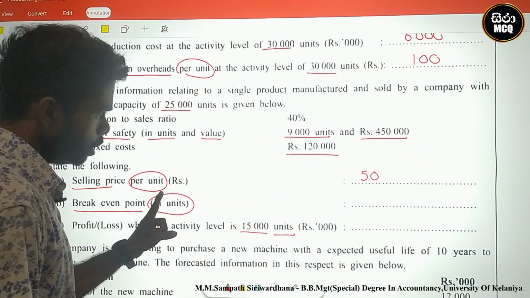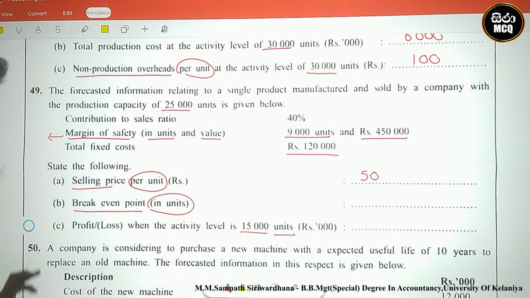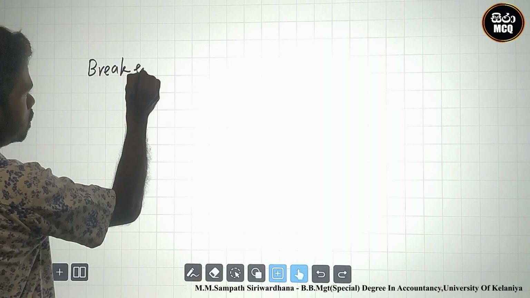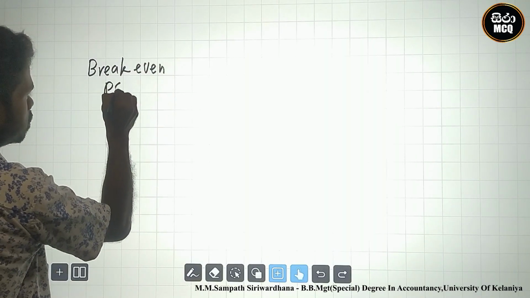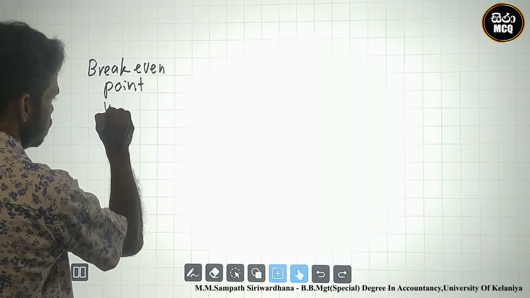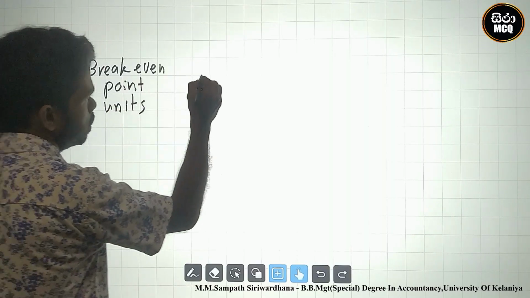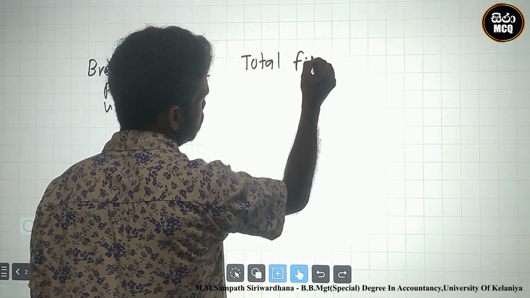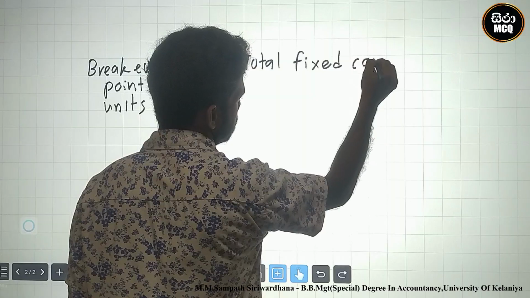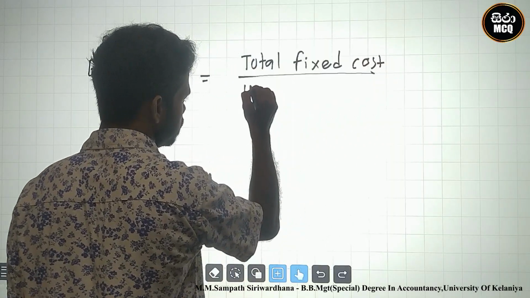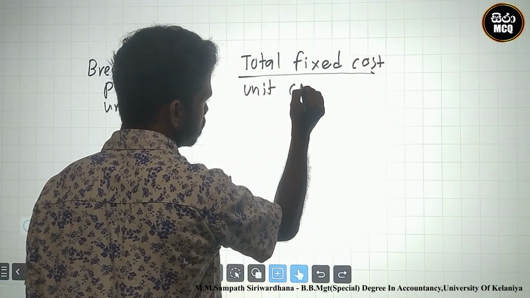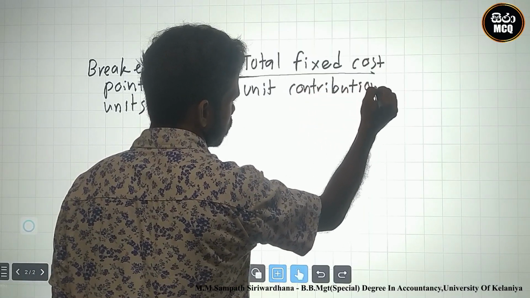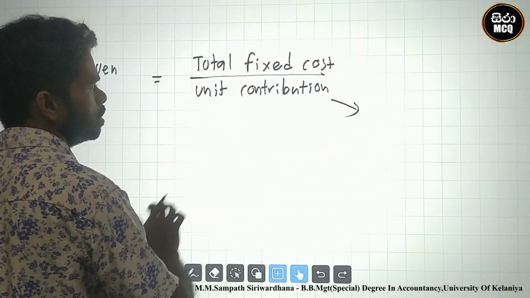Break even point in units equals total fixed cost divided by unit contribution.